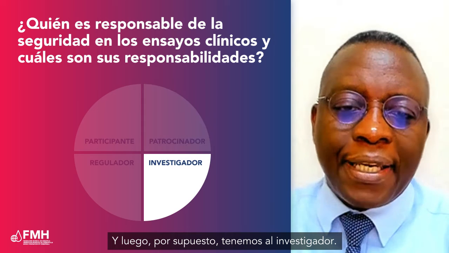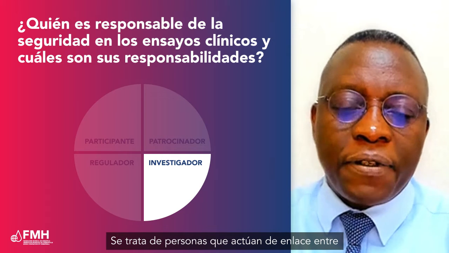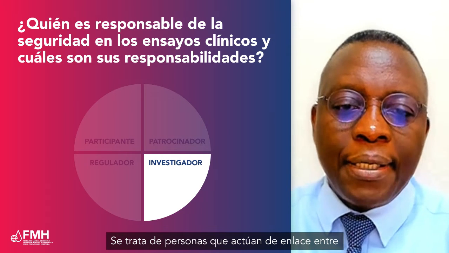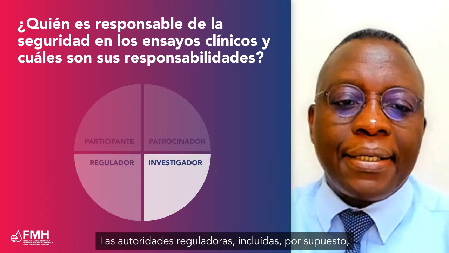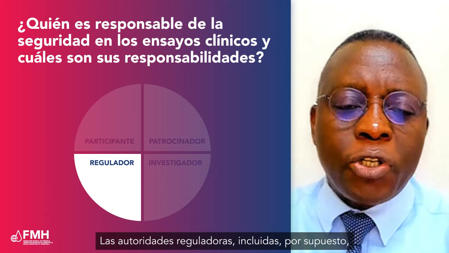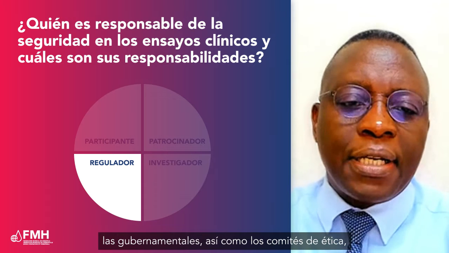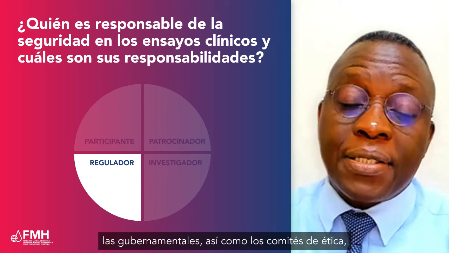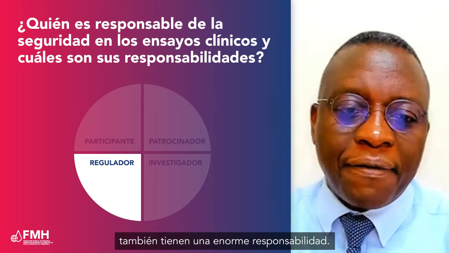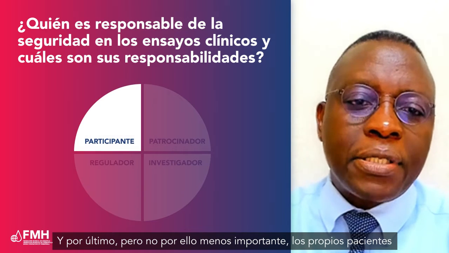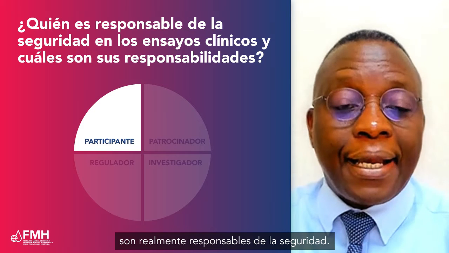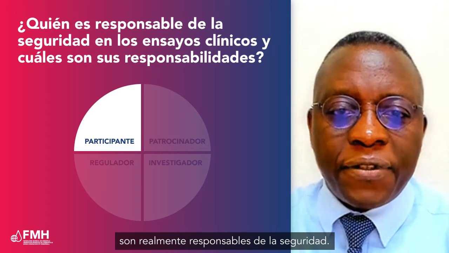And then, of course, we've got the investigator. These are individuals that interface between the sponsor and the trial participants. The regulatory authorities, including, of course, the government regulatory authorities, as well as the ethics committees, also have a huge responsibility. And last but not least, the patients themselves are responsible for the safety.